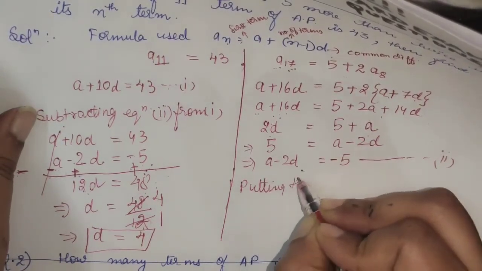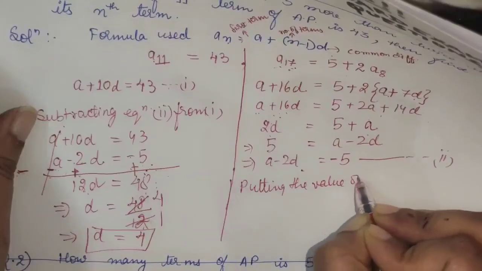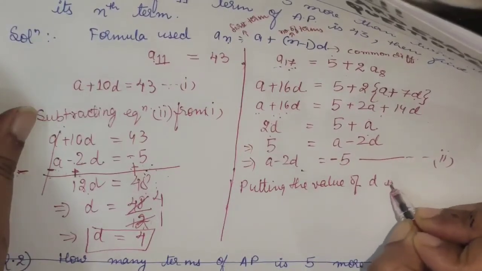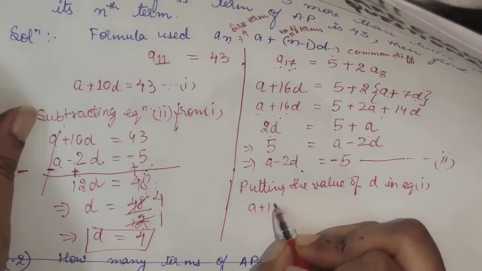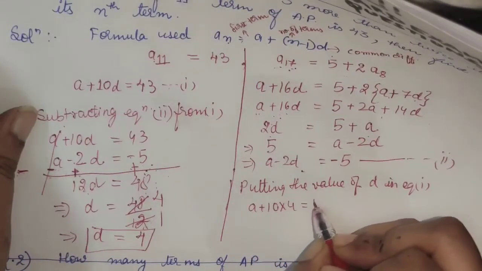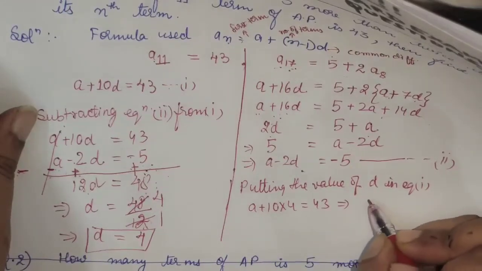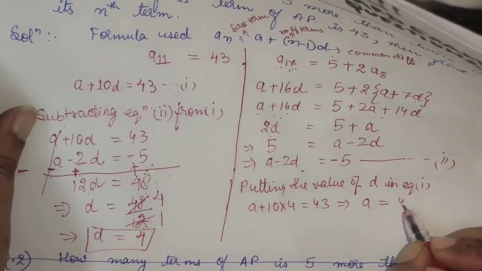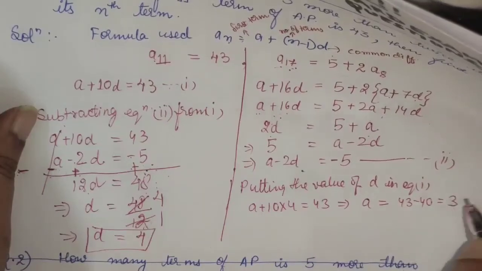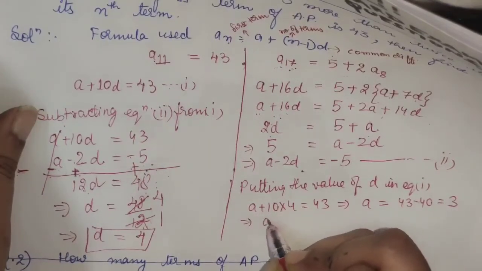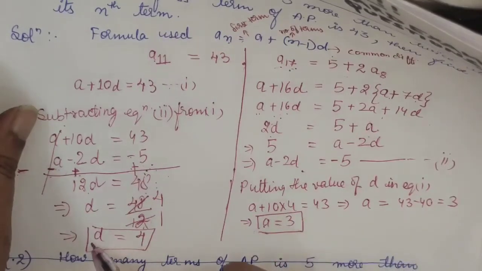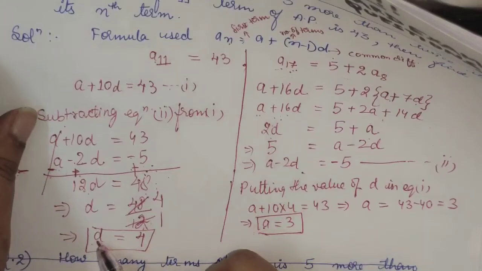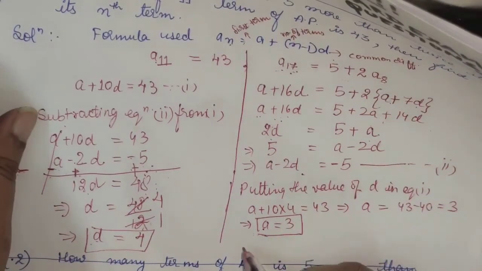Putting the value of d in equation 1, a plus 10 into 4 is equal to 43, which implies that a is equal to 43 minus 40, that is 3. So from here we can write a is equal to 3. a and d have already been obtained, so it is very simple to find the value of an.